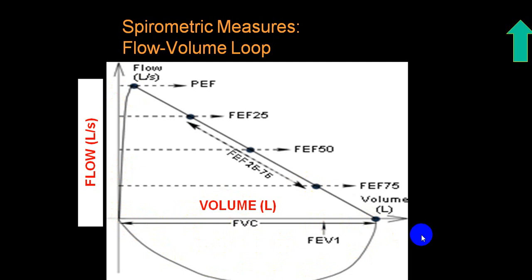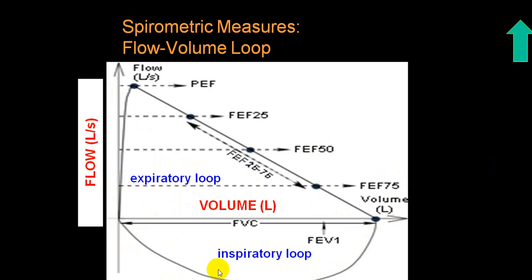Look properly, and you will be able to identify it. This is an inspiratory loop. This is an expiratory loop. So this is during expiration, and this is during inspiration. So look at that loop properly.